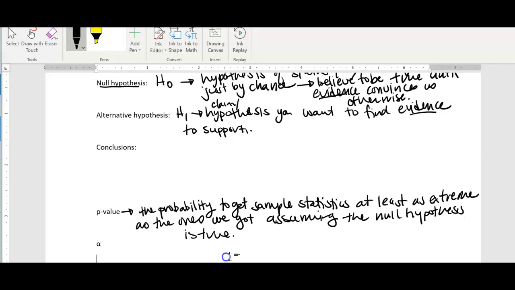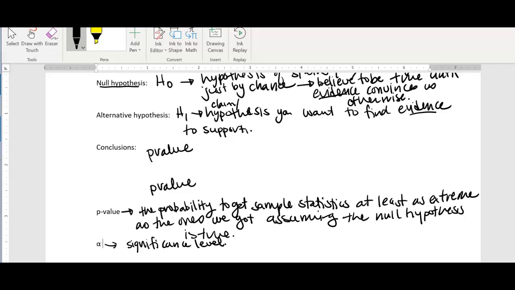So our conclusions are going to be based off of our p-value. Is our p-value small enough? Is this probability unlikely enough that we believe that our null wasn't true or not? How we determine this is we compare it to our alpha, our significance level.